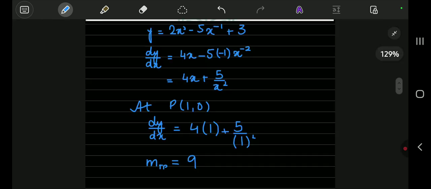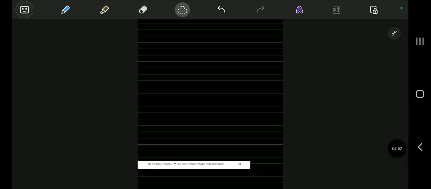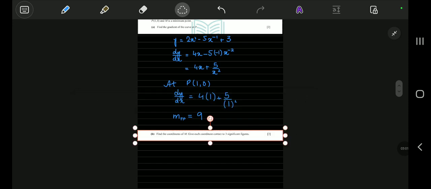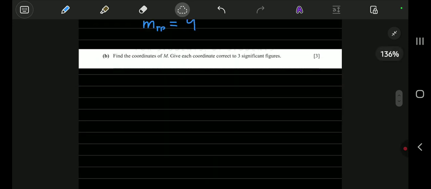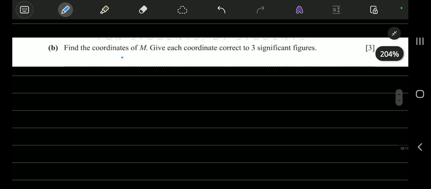Now what is the next part of this question? We have found this already. Part B says find the coordinates of M, give each coordinate correct to 3 significant figures. So whenever we have to find the coordinates of a stationary point, we put dy by dx equals 0.